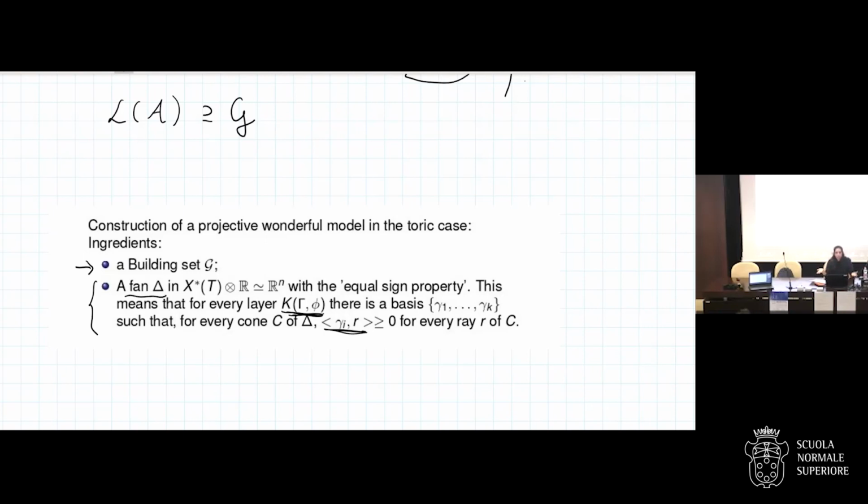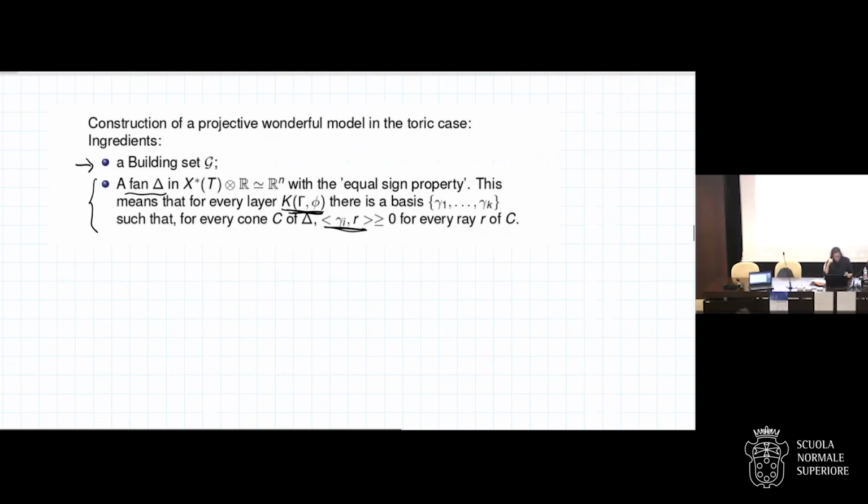So it is in general not very easy to find a nicely behaved fan associated to a certain building set. But in our case, we could take this fan as just the fan induced by the chambers of the Weyl group of type A_n.